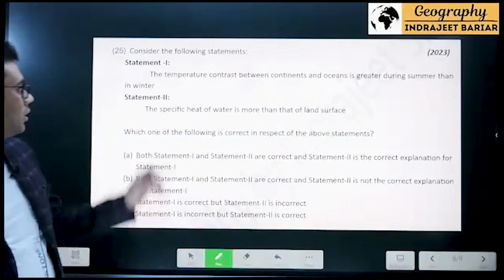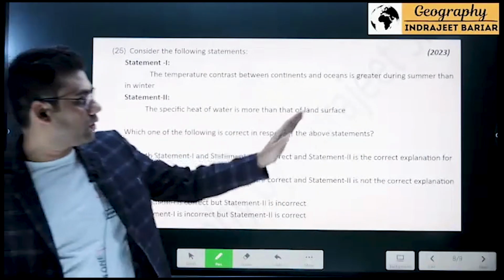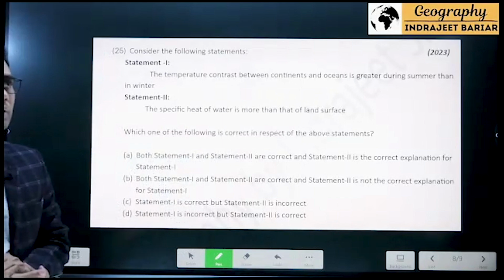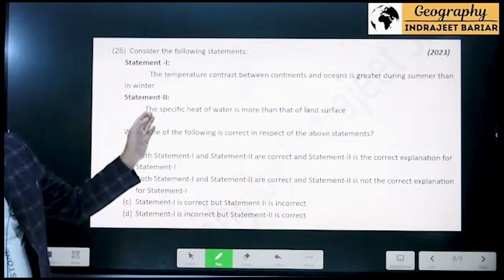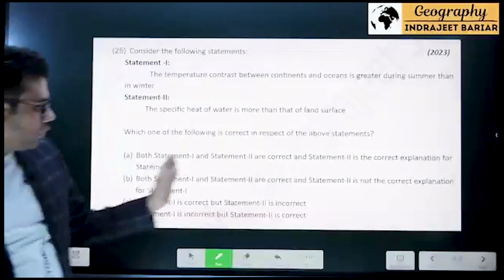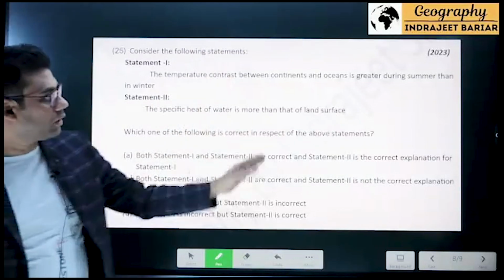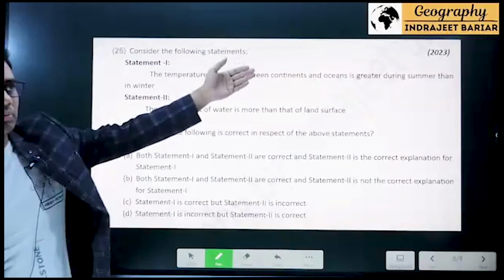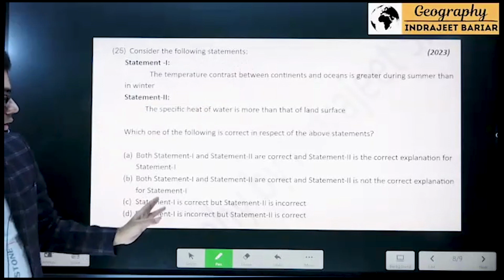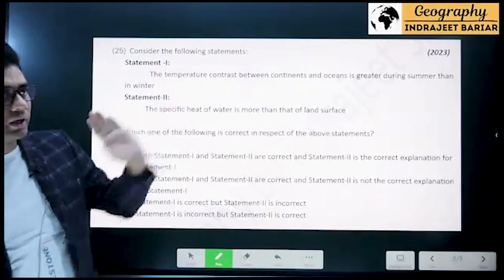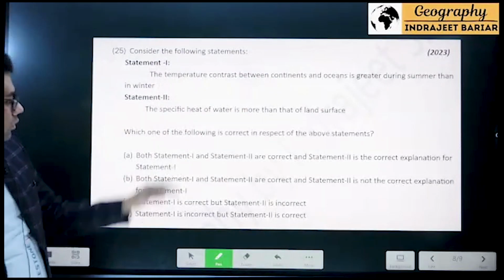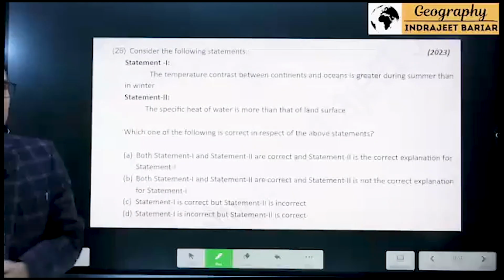Second: the specific heat of water is more than that of land surface. Options: both are correct and 2 is the correct explanation of 1; both are correct but 2 is not the correct explanation of 1; third, 1 is correct, 2 is incorrect; and fourth, 1 is incorrect, 2 is correct.